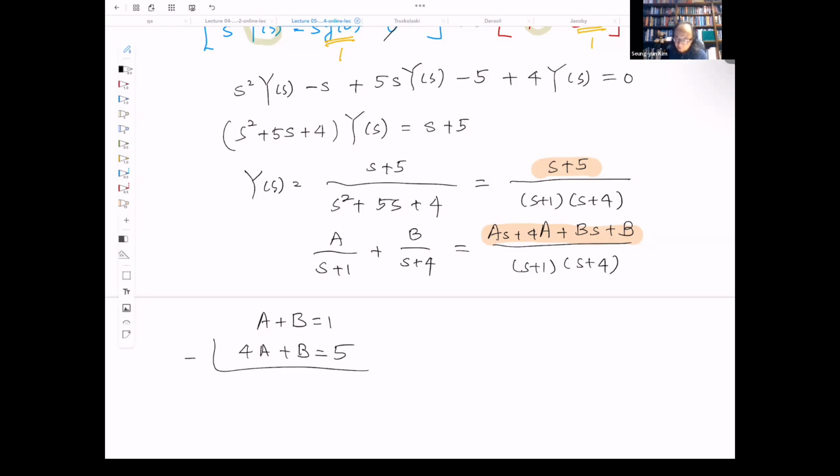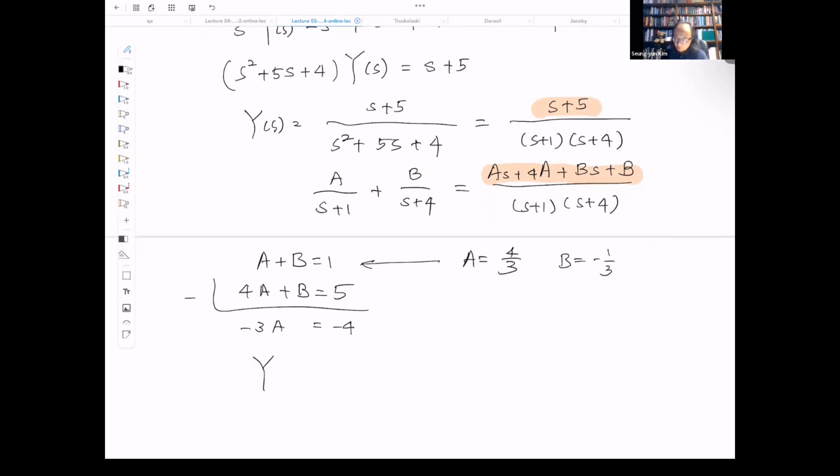Subtract to get rid of b: negative 3a equals negative 4. A is 4 over 3, and then b has to be negative 1 over 3, so that when we add them, it's going to be 1.